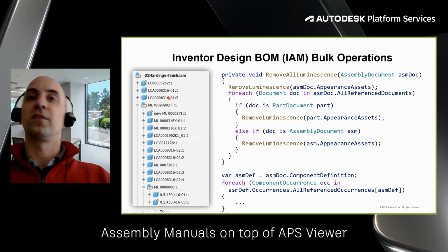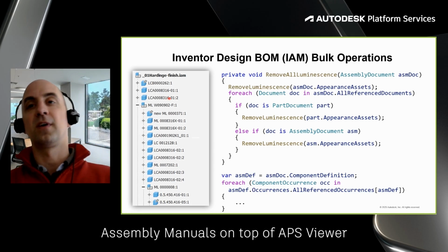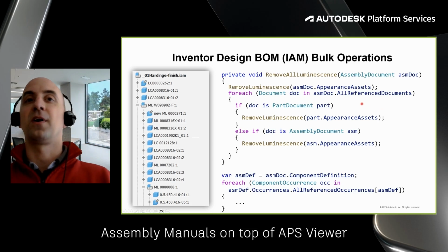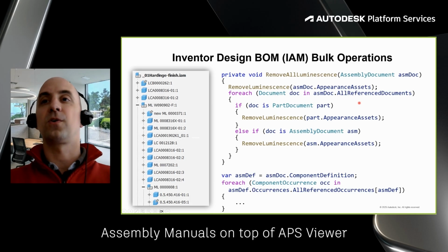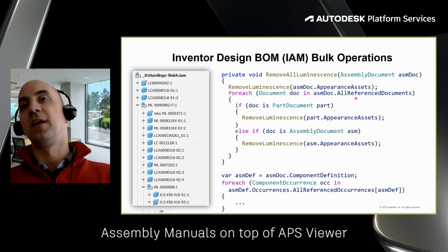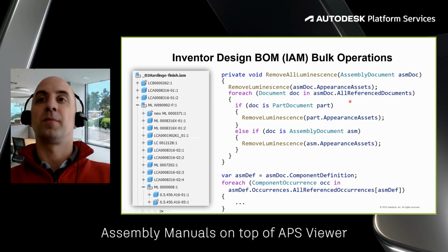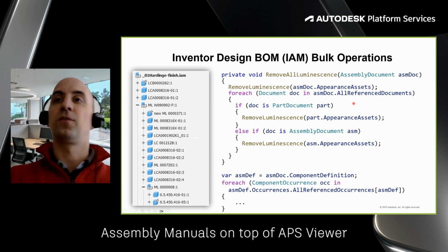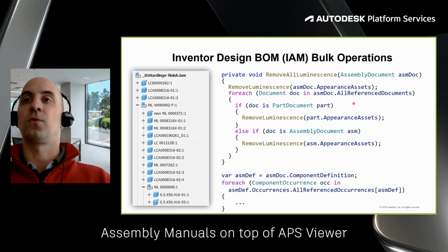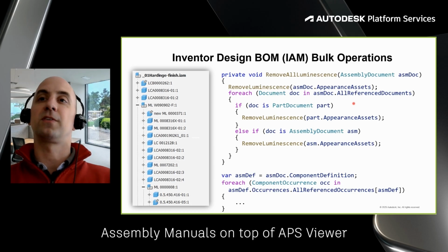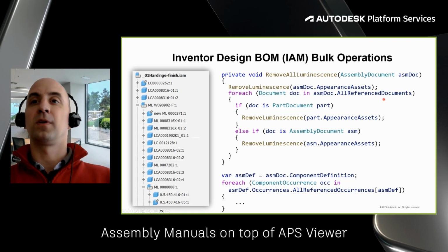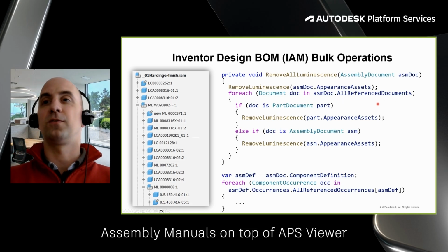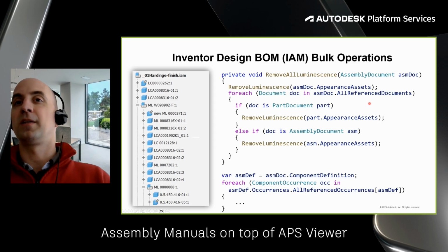And components can also be called documents. In the Inventor API, they are called components, documents. On the right-hand side here, I am showing a little bit of code using two bulk operations, as I call them, that can be very important if you want to speed up the processing of the data quite a bit.